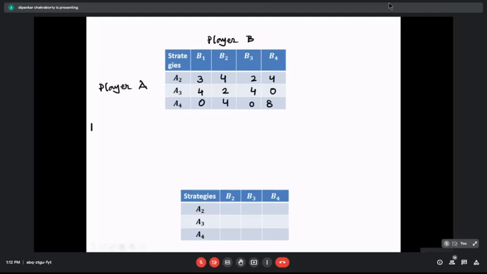Okay, so now again, tell me the next relation. Do you find any relation between the columns? Good. B1 is equal to B3. And which column is going to be deleted?